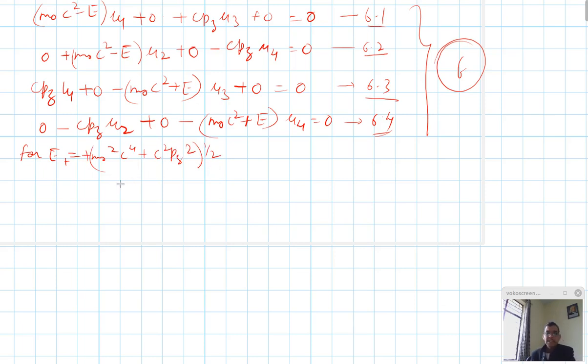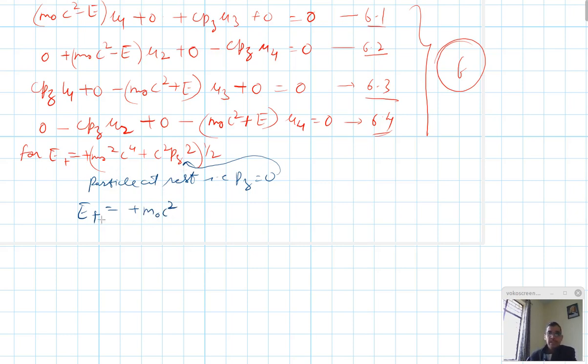And if I consider the particle at rest, that means pz is equal to 0. So if I put it here, then E plus is equal to plus m₀c². From this equation I am getting this.